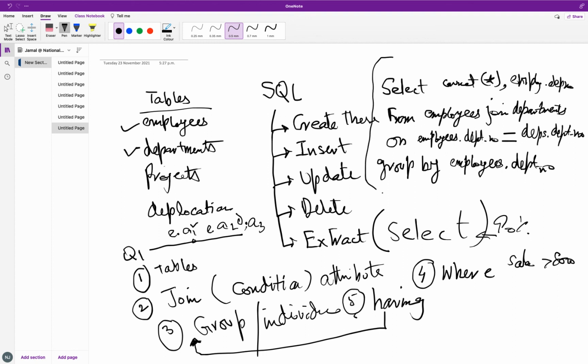So this way you can easily write an SQL query. Just remember that if the query is quite complex, don't leave it blank, because I would check this way: they have correctly identified the tables, they have correctly identified the joining criteria, and yes, they know that we need a group by statement.